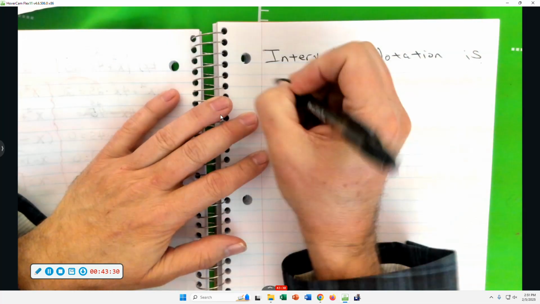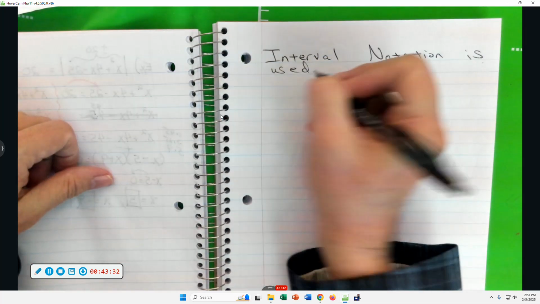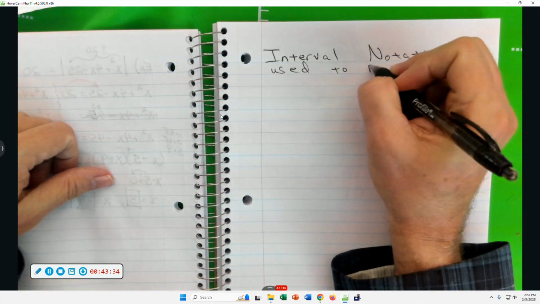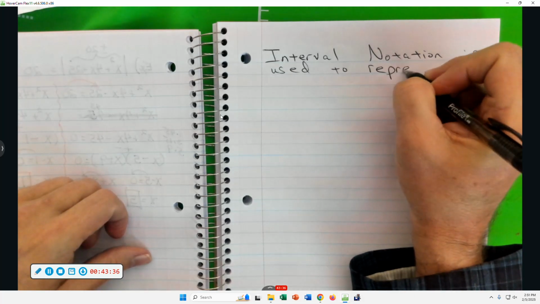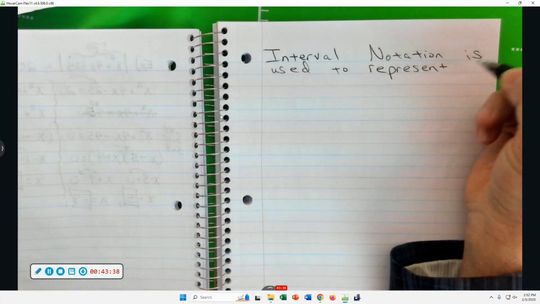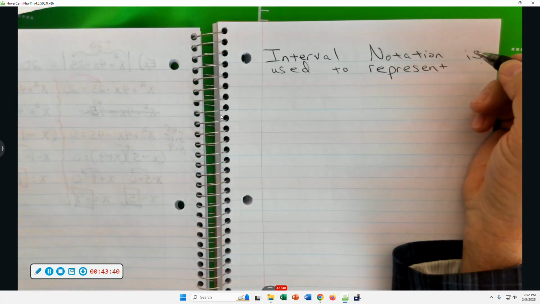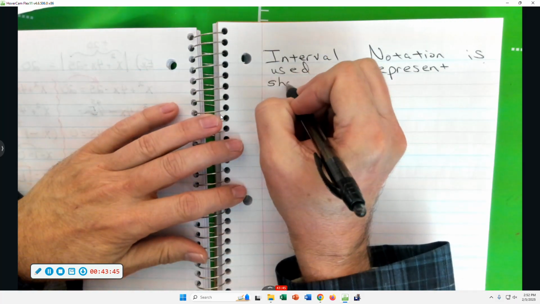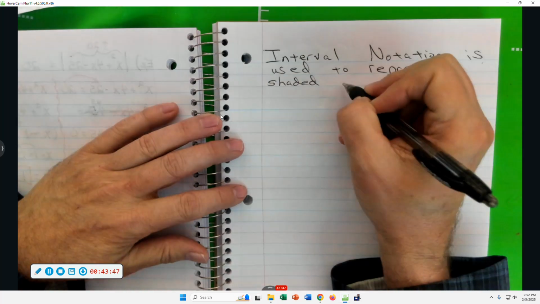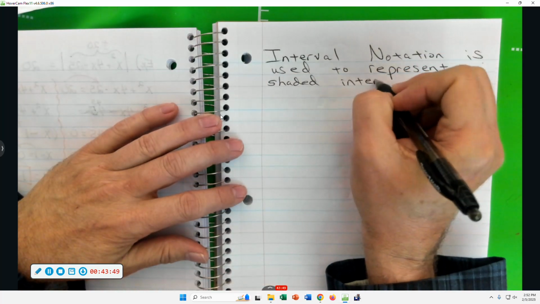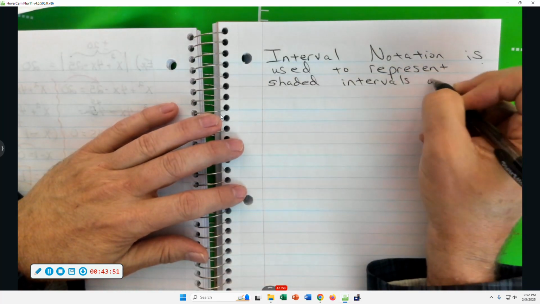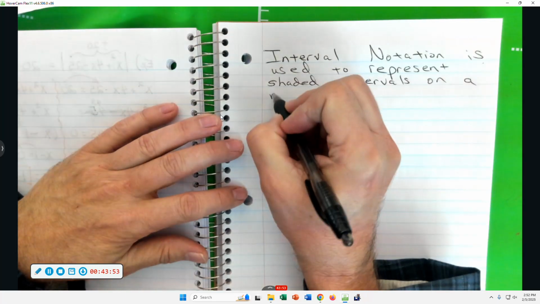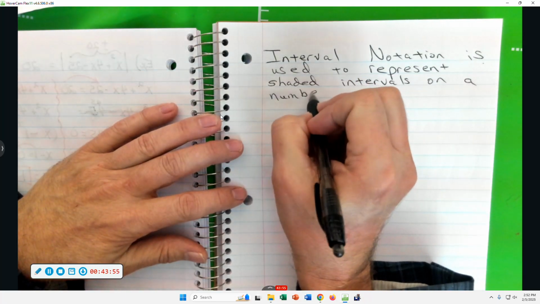Interval notation is used to represent shaded intervals on a number line. I'm trying to avoid the word region, because when I use the word region, to me that says a 2-dimensional space.